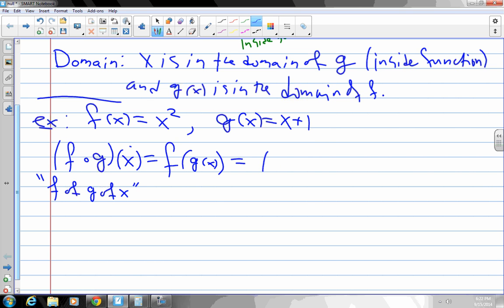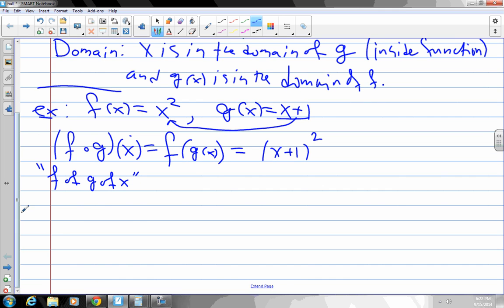So that's the composition of f and g. So the g function went inside of f. But just like the smiley face, and we've done x plus h's and all that stuff, whatever goes in the parentheses replaces the independent variable. Is that okay? What if I reverse the composition? What if I ask you what is g of f of x?